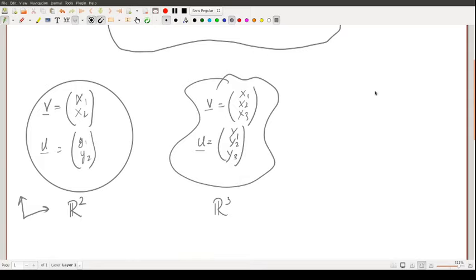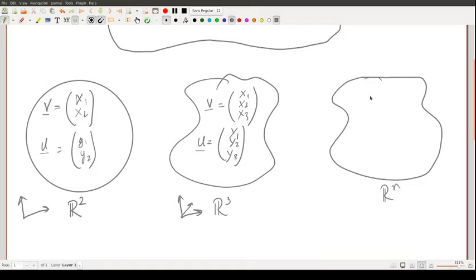R3 is nice because you can visualize it as a three-dimensional graph, but other spaces are not going to be so nice, because as soon as the dimension becomes more than 3, it's difficult to visualize them. So Rn will just contain vectors of the form v1, v2, dot dot dot vn, and u would be u1, u2, dot dot dot un. These are some examples of vector spaces.